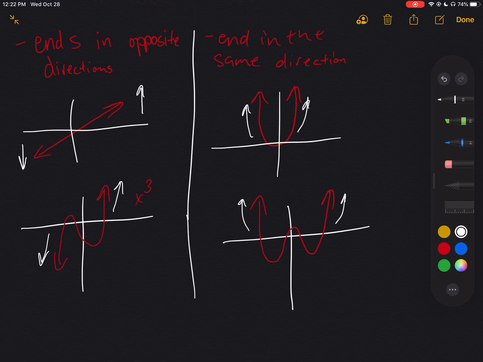That's what we care about: are they going up or are they going down? In the case of odd degree polynomials, they end in opposite directions, so one side is going up and one side is going down. In the case of evens, both sides are going up or both sides are going down, so it either completely opens up or completely opens down. Okay.